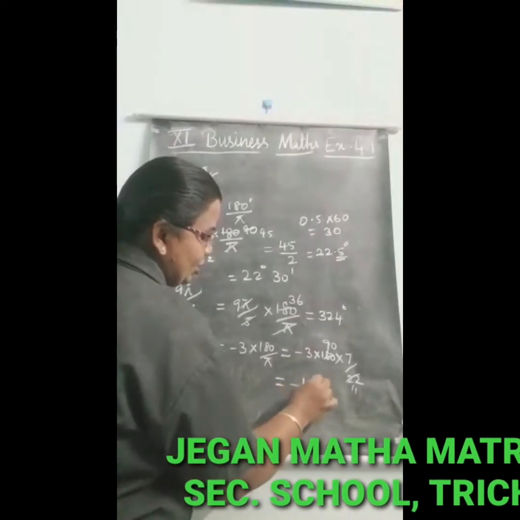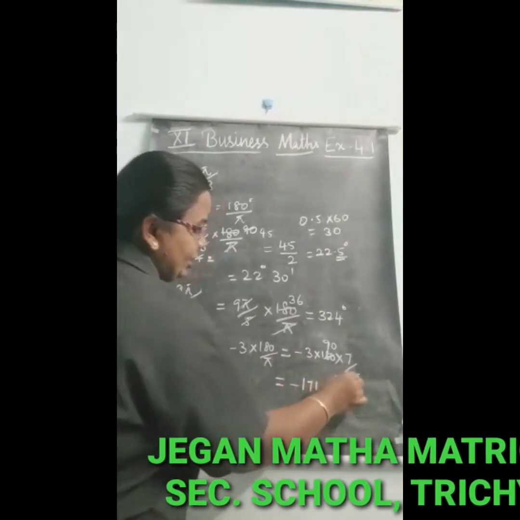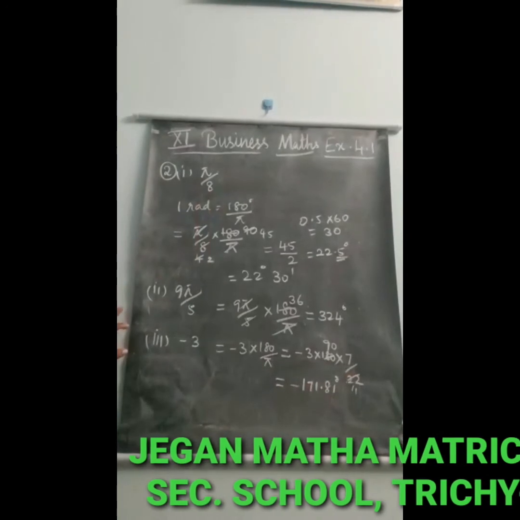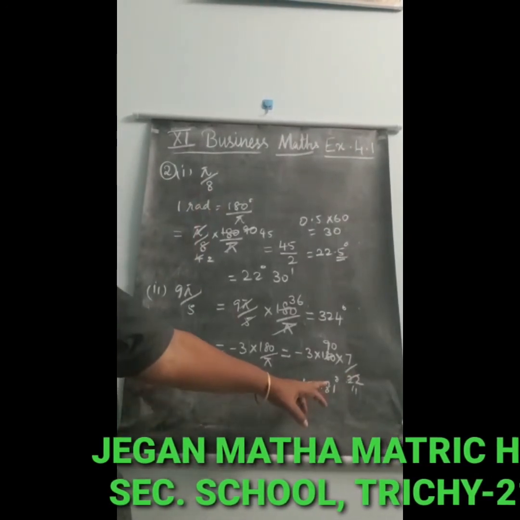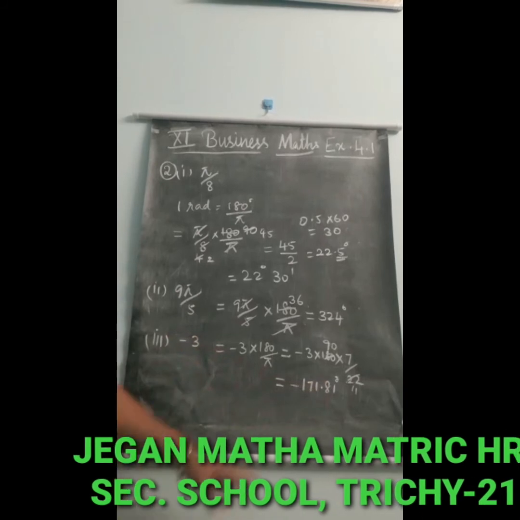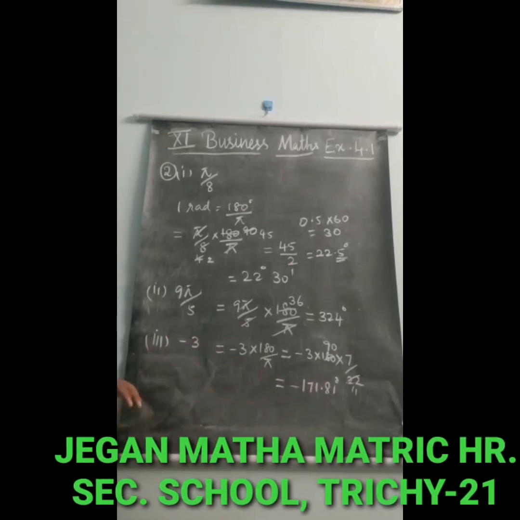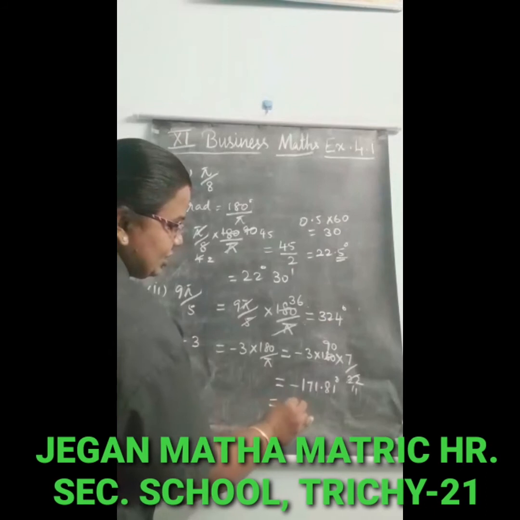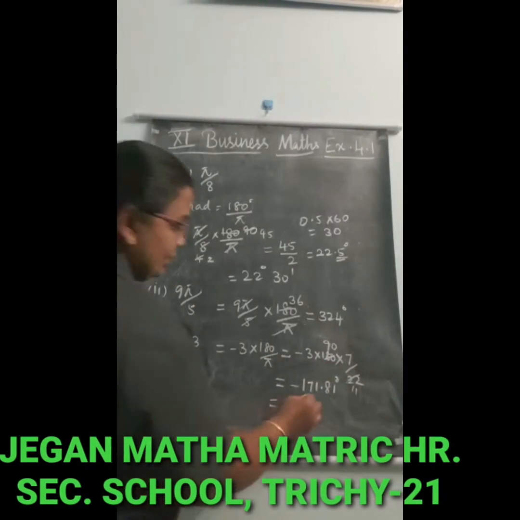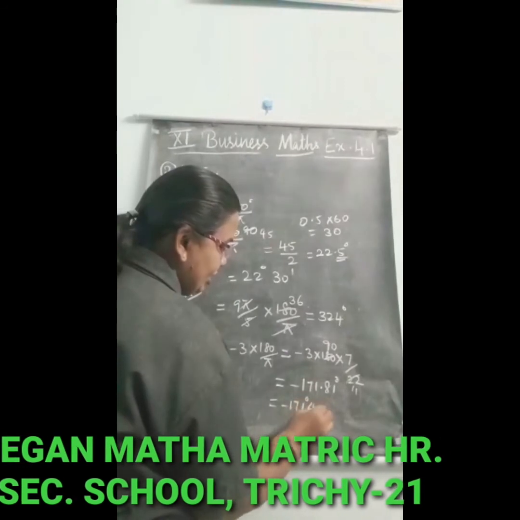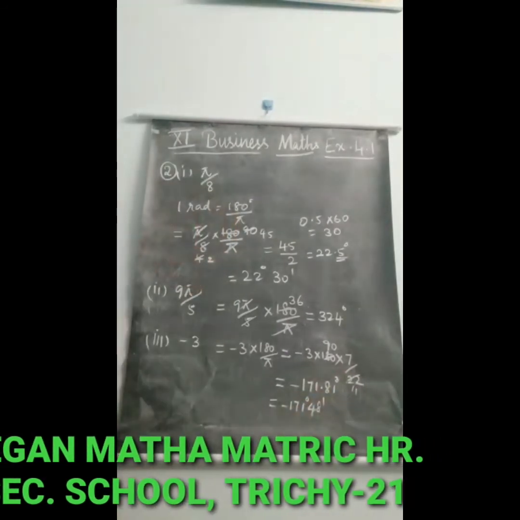The 0.81 multiplied by 60 gives 48. So that is minus 171 degree 48 minutes. Can you understand, students?